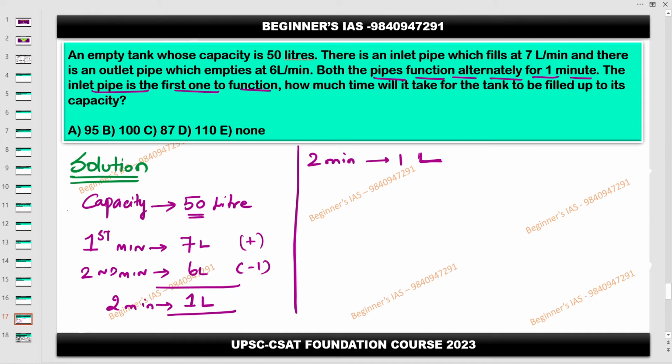Now I'm doing a simple multiplication here. We need to get at least nearby, so go with even numbers. If I go with 10 liters, how many minutes? 20 minutes.